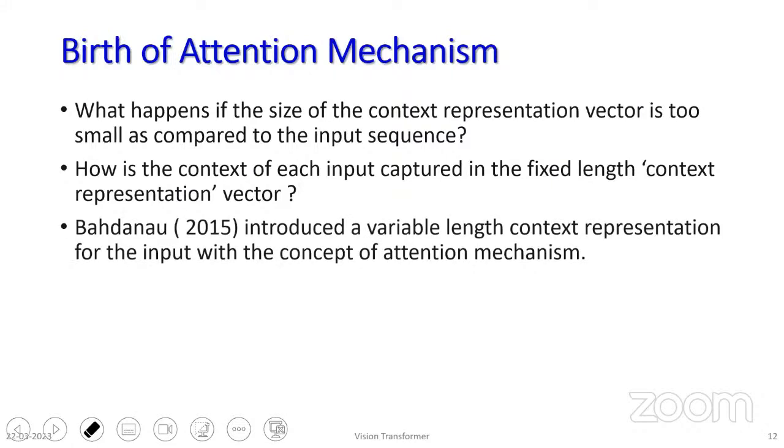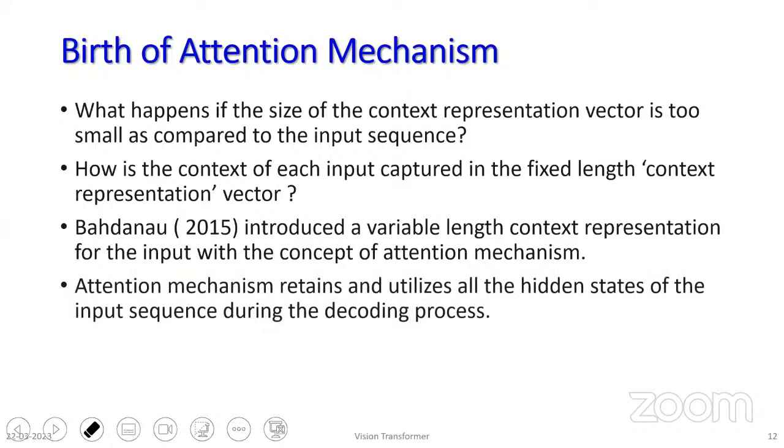So Bahdanau introduced, it's not a very old model, a variable length context representation for the input with the concept of attention mechanism. Attention mechanism retains and utilizes all the hidden states of the input sequence during the decoding process.